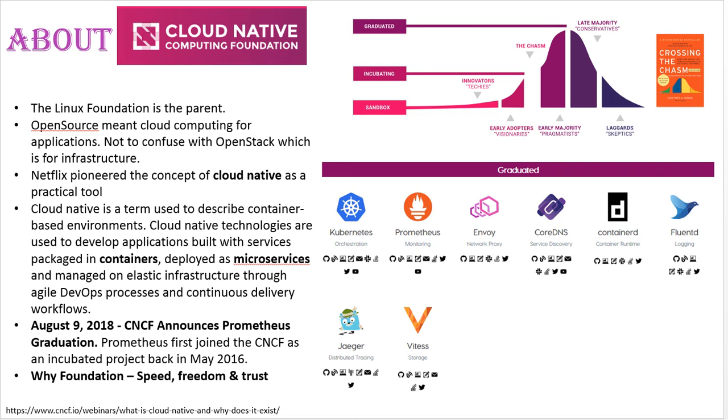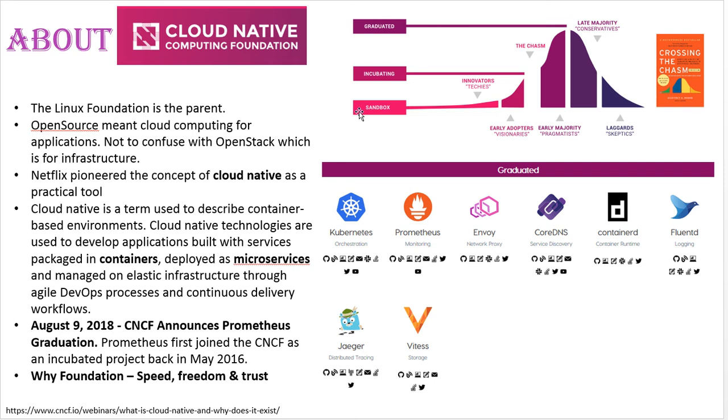That's how the cloud native concept arrived, and it has further evolved. Now the CNCF has standardized cloud native as four things: containers, microservices, DevOps, and continuous delivery workflows. These are the areas where cloud technologies are used.